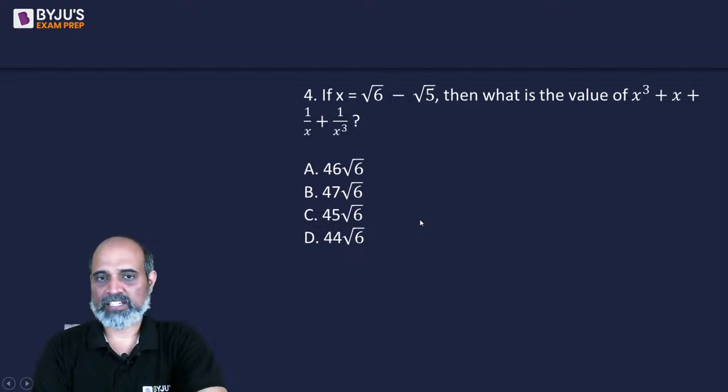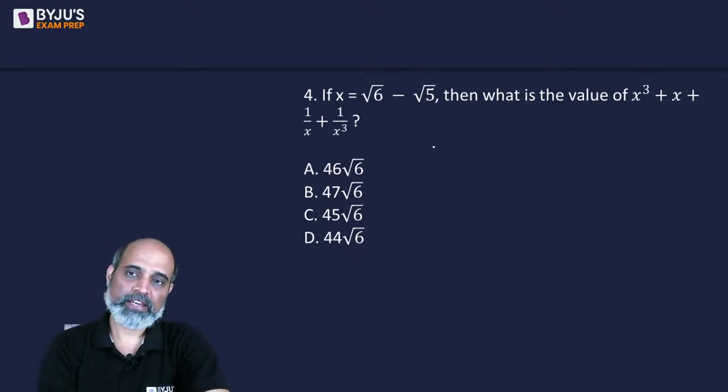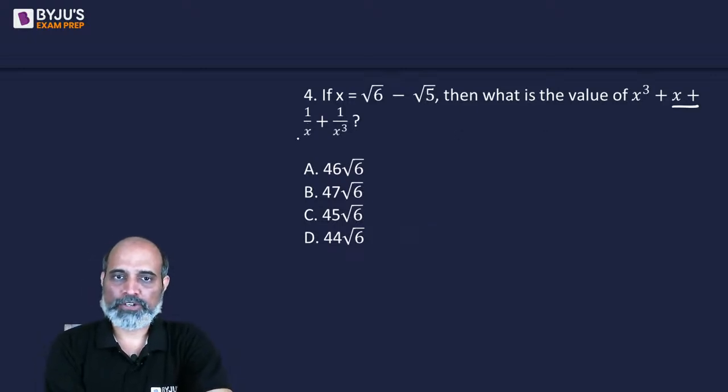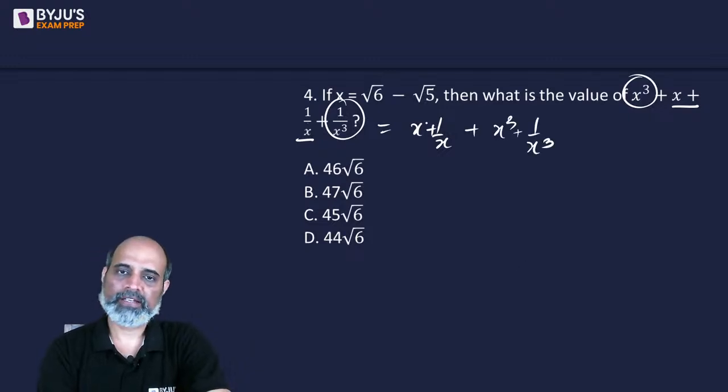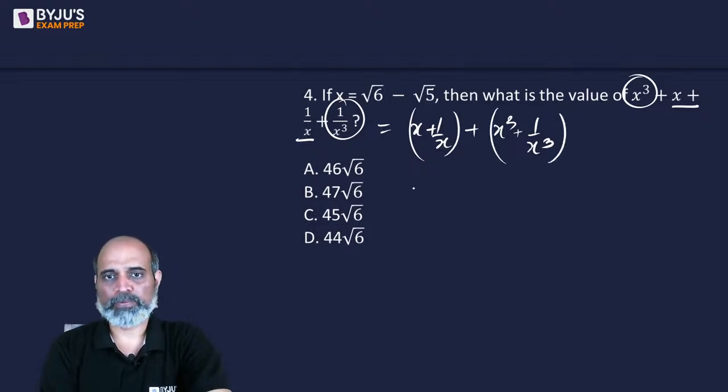Next, if x is equal to root 6 minus root 5, then what is the value of x cube plus x plus 1 by x plus 1 by x cube? Well, I'm going to break it down into two parts. One is x plus 1 by x and the other is x cube plus 1 by x cube, right? So let's find out what x plus 1 by x is.